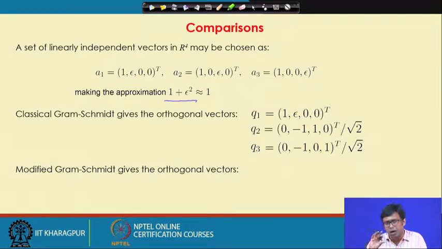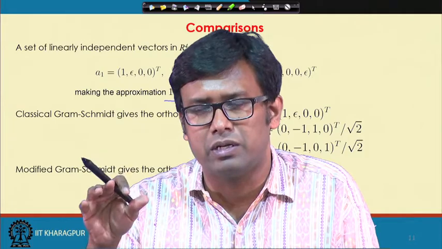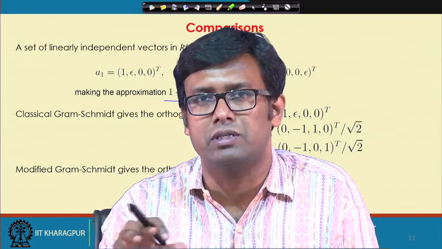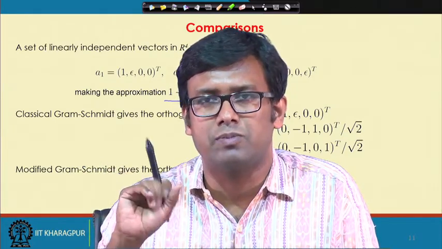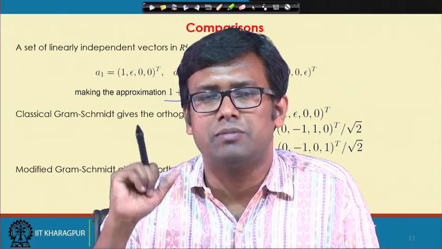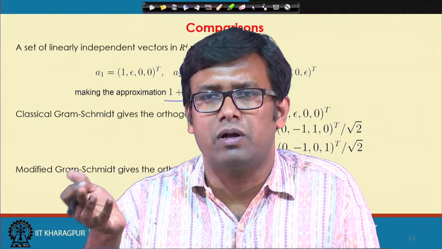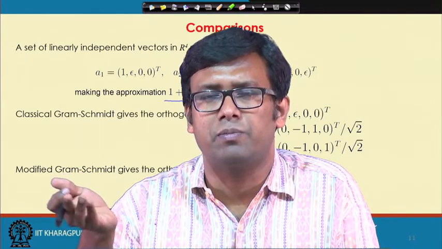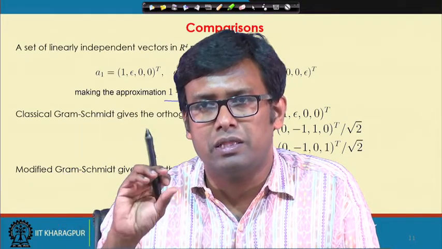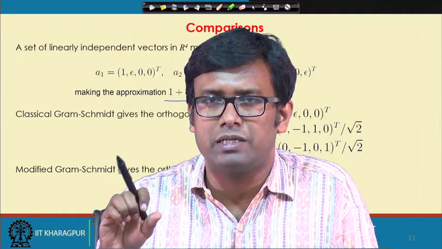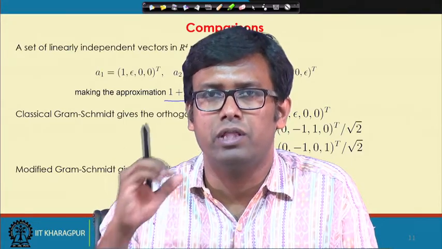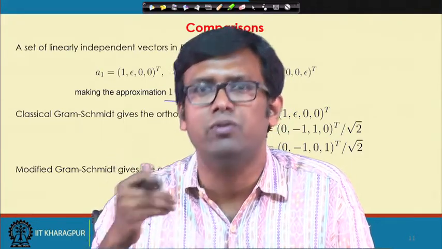If we have not disregarded that epsilon square which is coming in the classical Gram-Schmidt method, we would have got the same set of vectors in both cases. But as epsilon square is very small, like a computer approximation, we are doing 1 plus epsilon square is equal to 1.